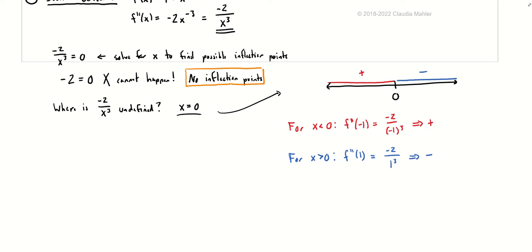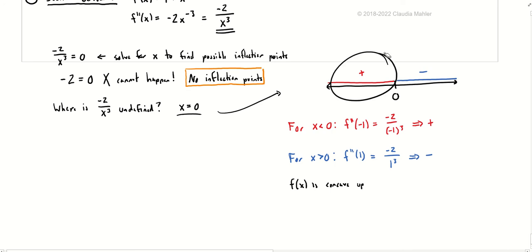So even though we don't have an inflection point, we do have a point where our concavity is changing. It's changing around that place where our second derivative is undefined. So we can say here, our function is concave up where our second derivative is positive.